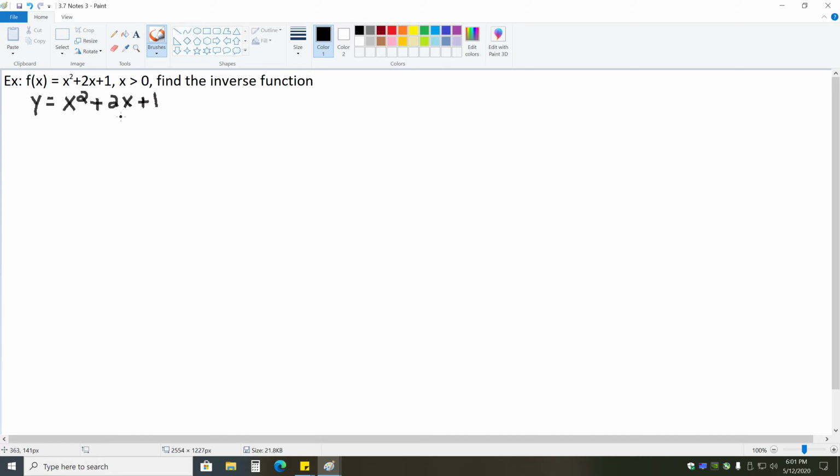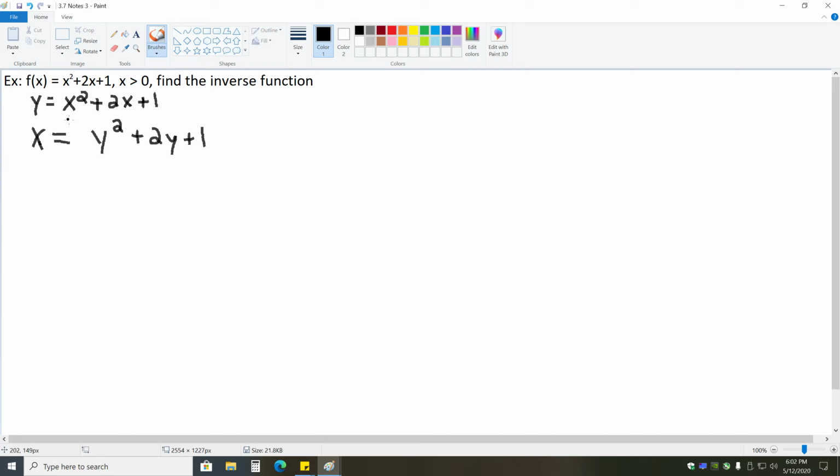And at this point, if we tried to swap the x's and y's, so x equals y squared plus 2y plus 1, we wouldn't have a way to solve for this just getting one y. It wouldn't be possible to just get one y out of this very well, that is. The only way that we could do it is by introducing factoring into the problem.